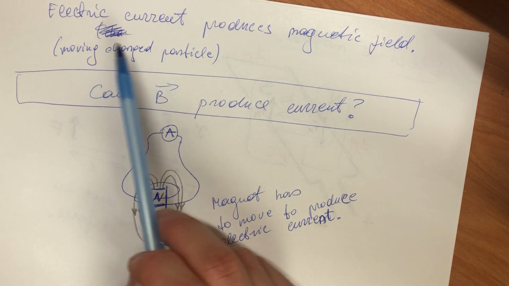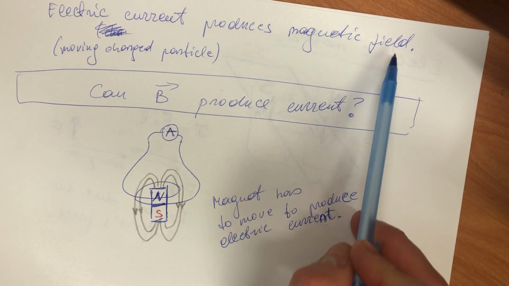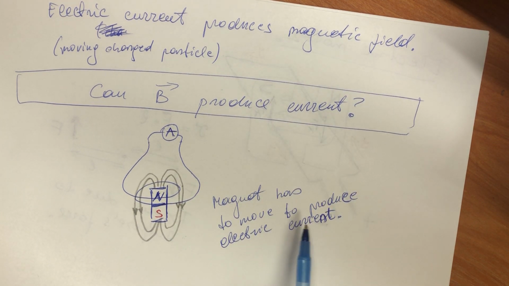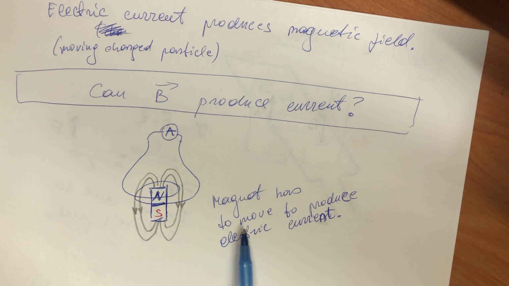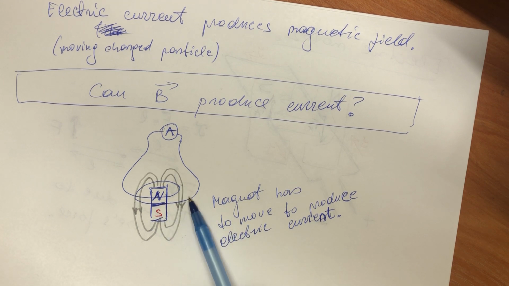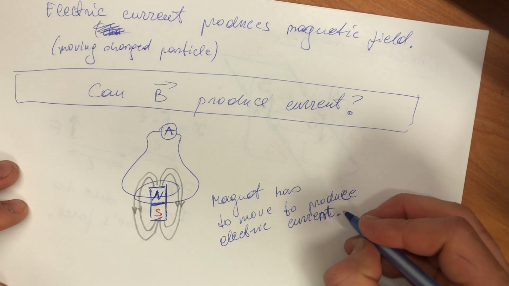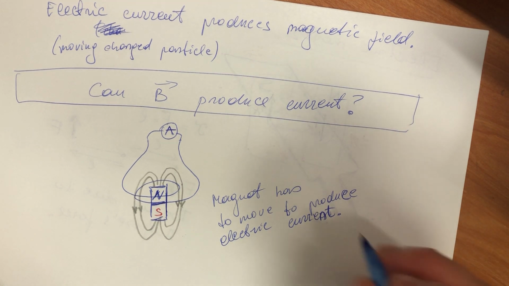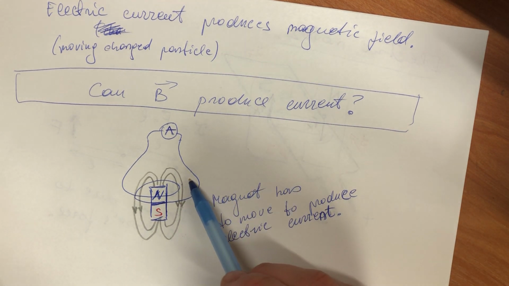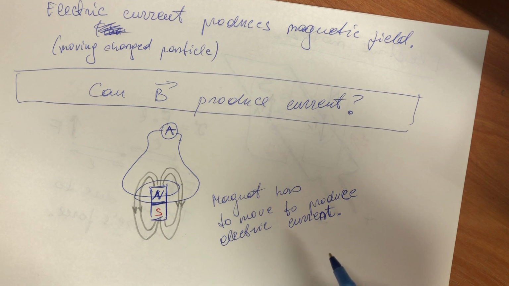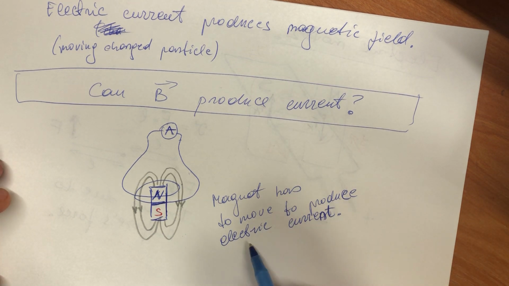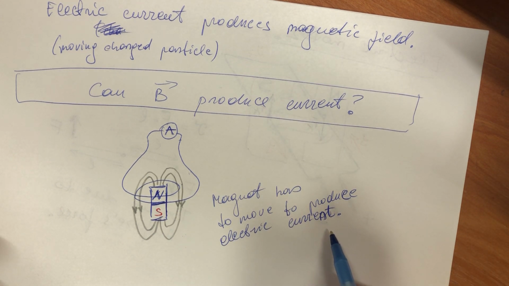Here moving charged particles create magnetic field. Here magnets have to move to create electric current. So to create electric current, at first it has to create voltage. So it means create voltage or electric field in the wire. So the magnet has to move to produce electric current.